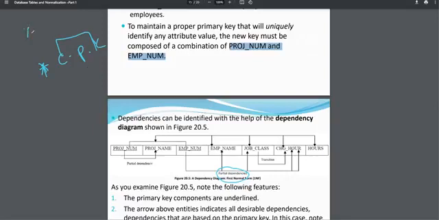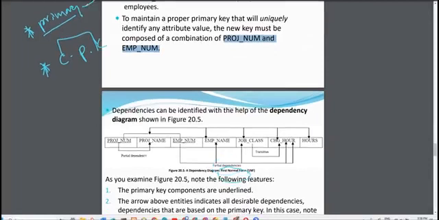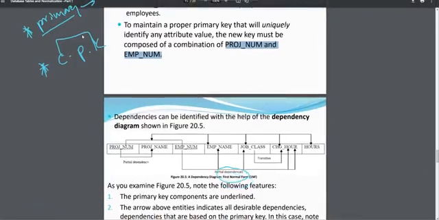When there is only one primary key, we don't need to talk about partial dependency. When there is a composite primary key, you can observe partial dependencies there.